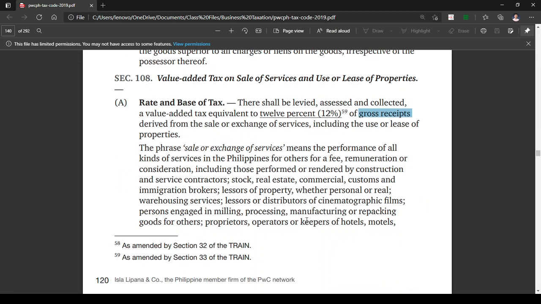Ito naman yung basis natin sa value-added tax. Derived from the sale or exchange of services, including the use or lease of properties. Okay?